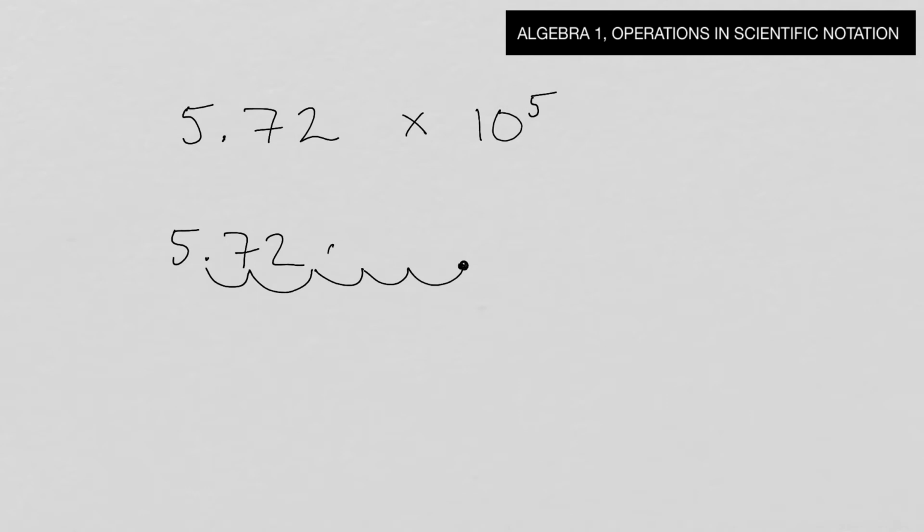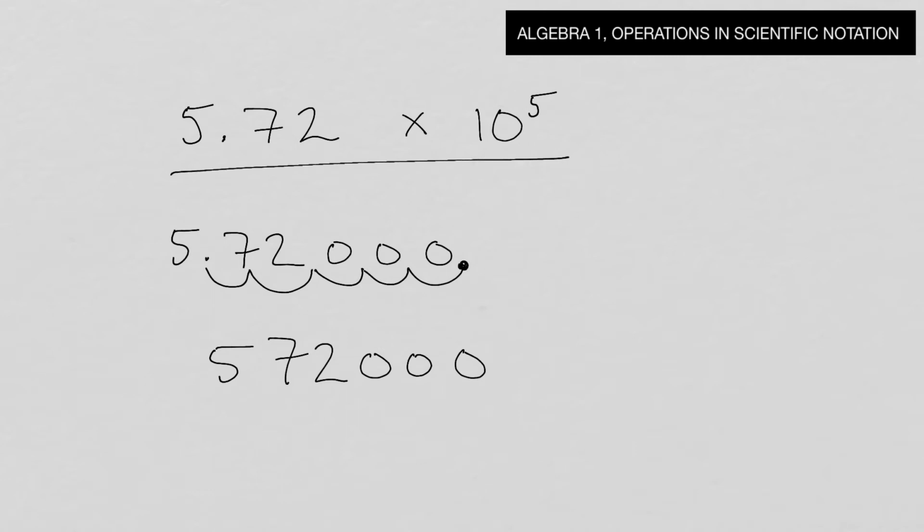There's where the new decimal ends up, so we get 572,000. Now if I want to put 572,000 back into scientific notation, I move the decimal to the left 1, 2, 3, 4, 5. So now I have 5.72 times 10 to the fifth power.